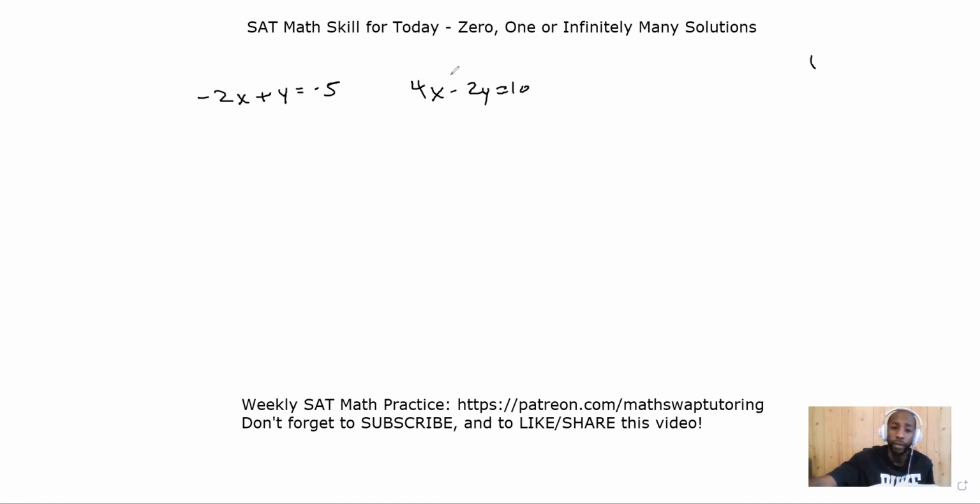This one, if you look carefully, it looks just like this one, except it looks like it's multiplied by a negative 2. Look at it carefully. To prove that, I'm going to just for exercise, divide this by negative 2. 4 divided by negative 2 is going to be negative 2x. Negative 2y divided by negative 2 is going to be a plus y, and then 10 divided by negative 2 is going to be a minus 5.